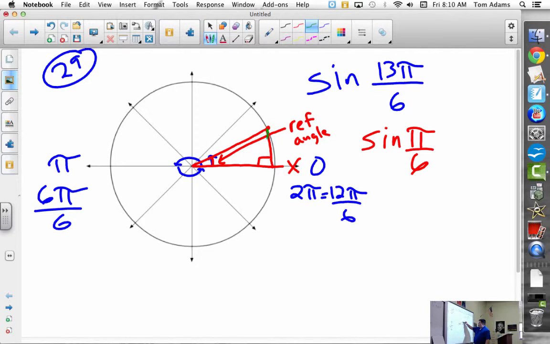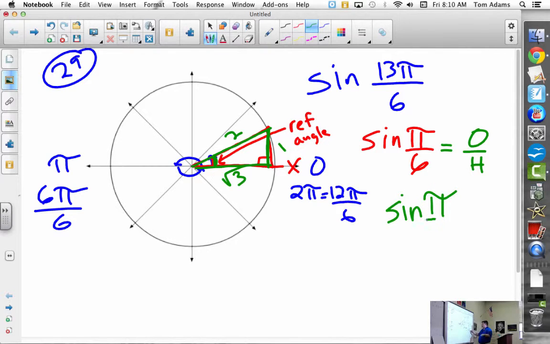So what I want to do then is, this is a 30-60 triangle, which means that from here to here, that's 1. From here to here, that's 2. What's this last one from here to here? Square root of 3. This is my angle theta. Sine is opposite over the hypotenuse.